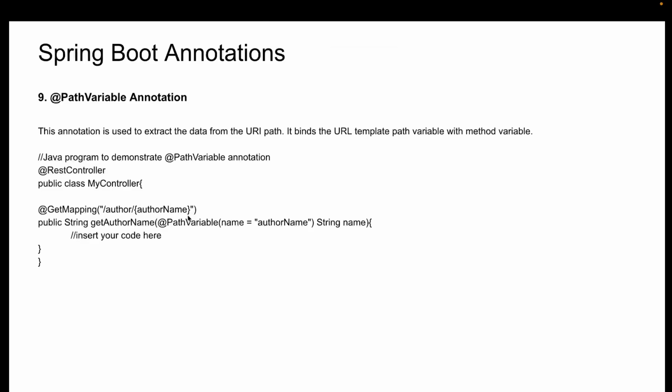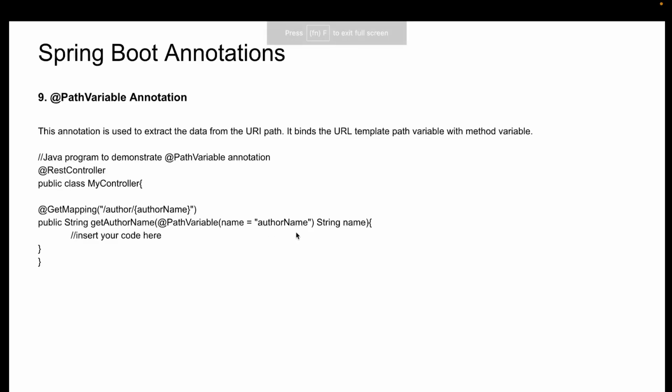So we will be passing a value for this in the URL. Let's say slash author, and in the curly braces this is authorName, and your path variable is basically name is equal to authorName. So we have specified here that the path variable should be name is equal to authorName.